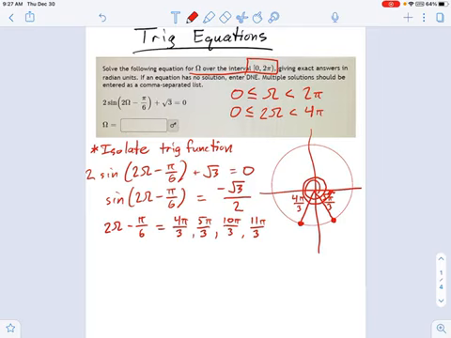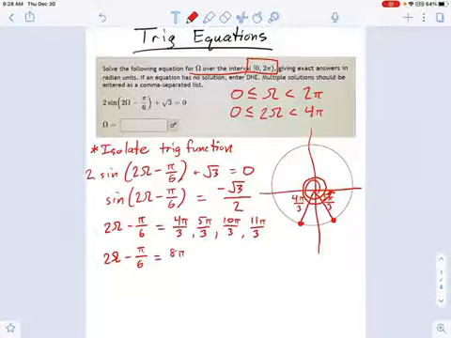Now, for each of these coterminal angles, we need to solve this equation, which means 2 omega equals, now we add pi over 6 to each of those 4 angles. It helps if you can convert these to sixths in your head. Let me walk through that step by step.